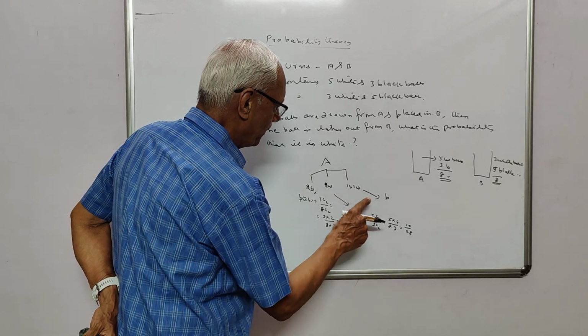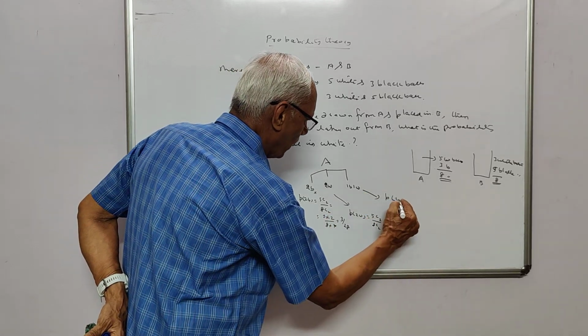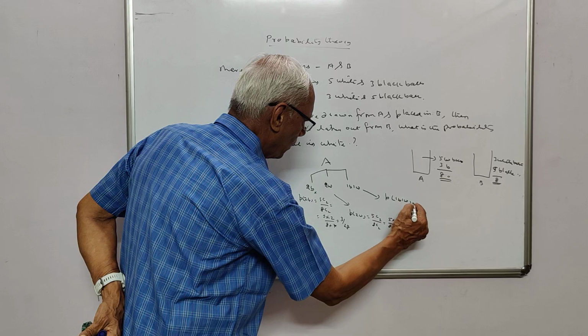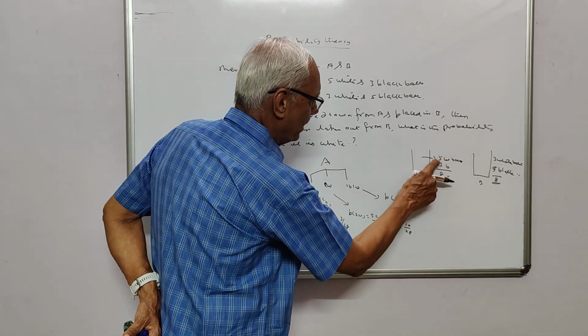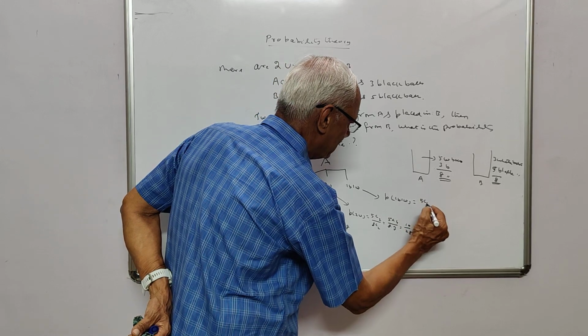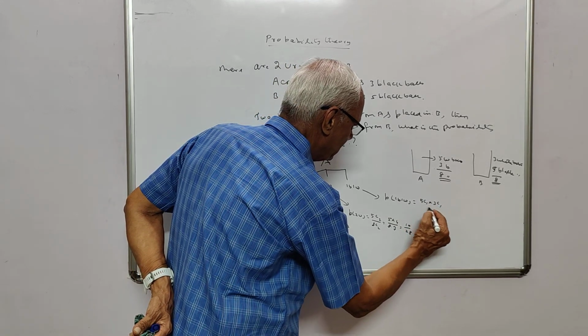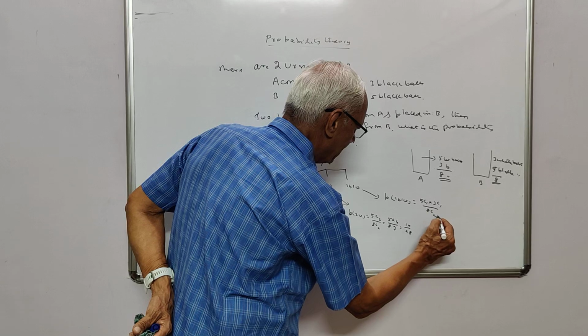Here the probability of 1 black, 1 white is equal to, what is the probability of taking 1 white? It is 5C1 into 3C1 divided by 8C2.